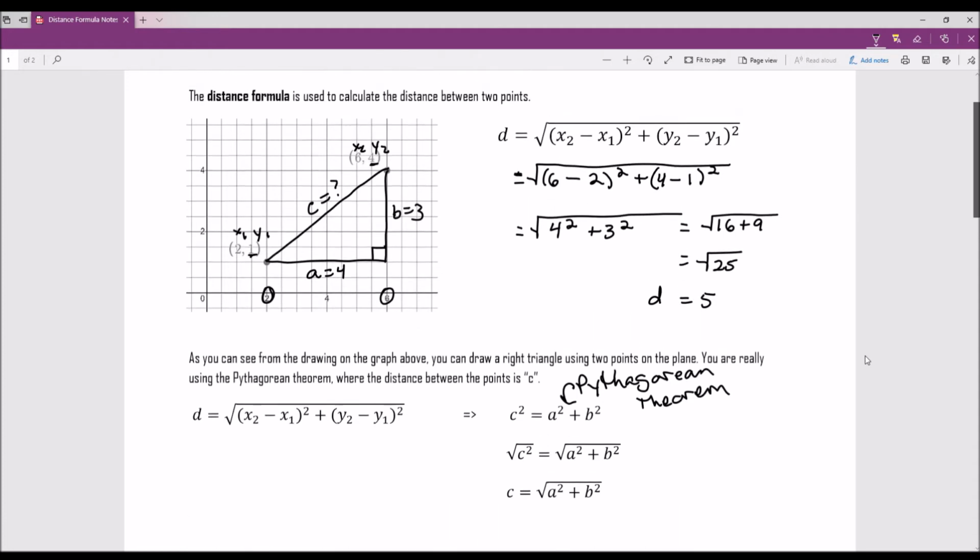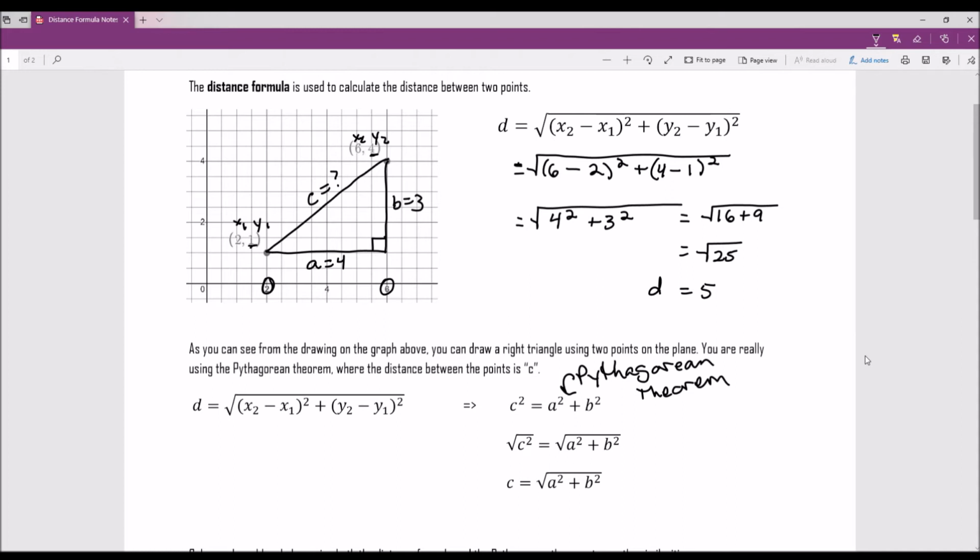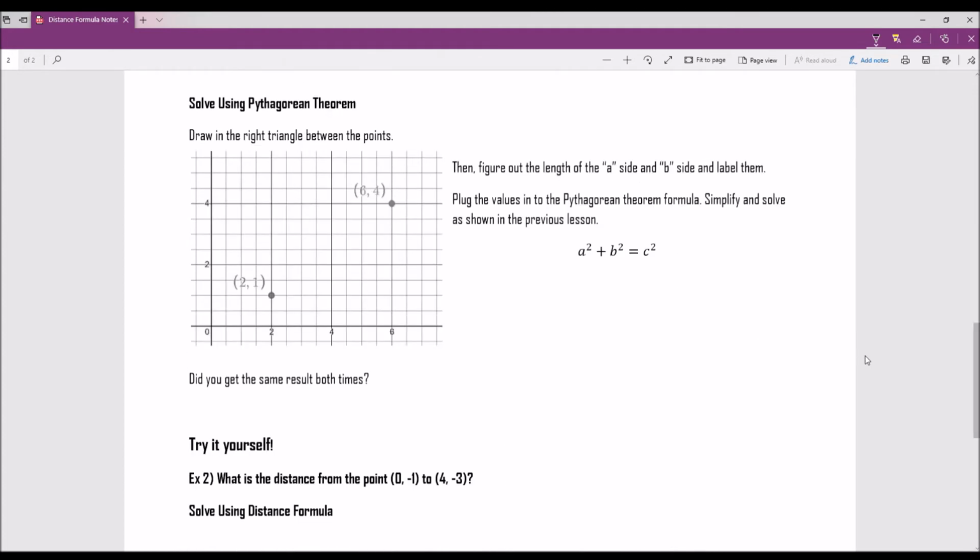So when you're doing distance formula, you can, if you prefer, just draw out a right triangle and use the Pythagorean theorem instead, because you're going to get the same result because you're pretty much doing the same thing.